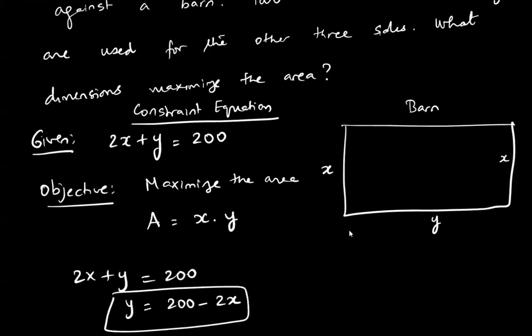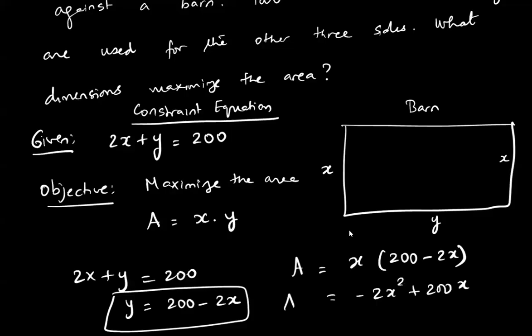Now I'm going to take this to the area equation and replace my y with 200 minus 2x. If I distribute this, I can rewrite my equation in just one variable. So I have written my objective function, the area, as a function of x.